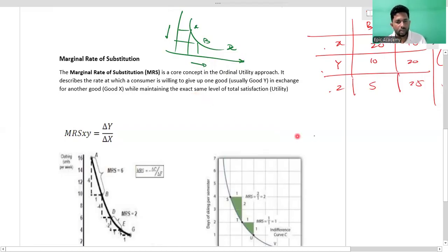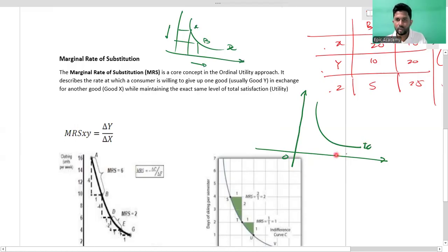Are you okay with that one? Yeah. Okay, so I will explain by using one simple example. Don't worry about my drawing. You already identified that the IC curve is developed by using similar consumption points.